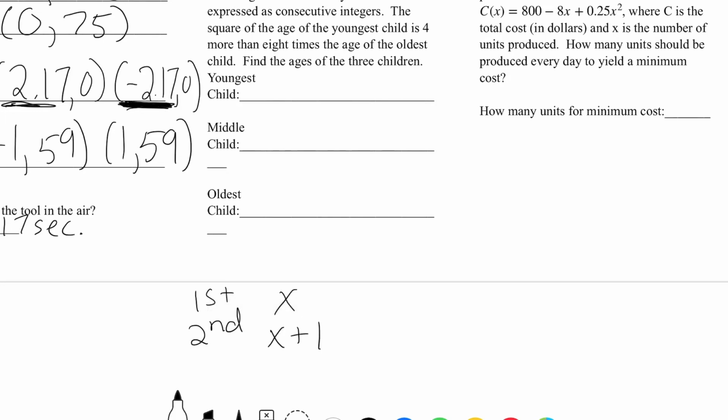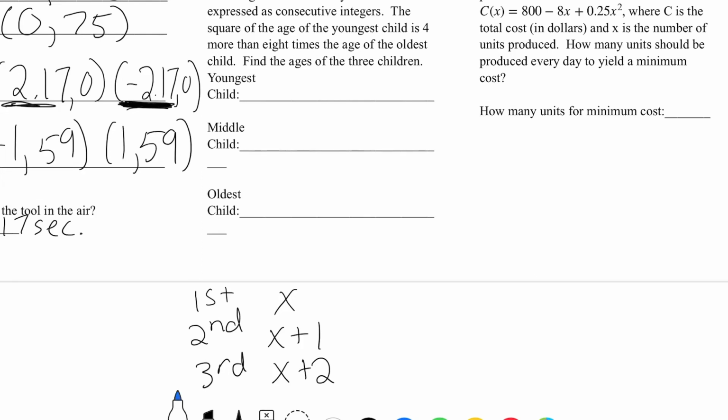So let's say we started with age 2. Your consecutive integer would be the next number on the number line. That's why you're adding 1 to it. Your third age, you're going back to that variable that we used for the first one, and then you're having to add 2 to get to the third consecutive number, or age.